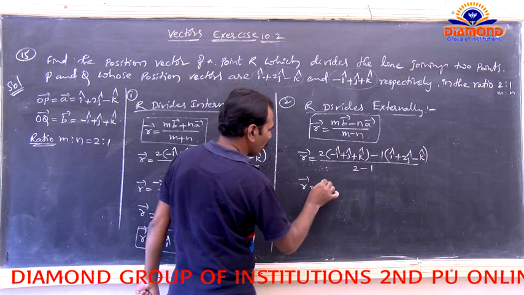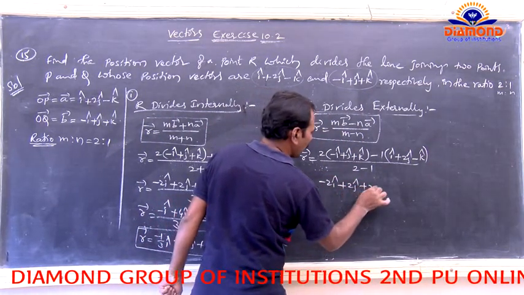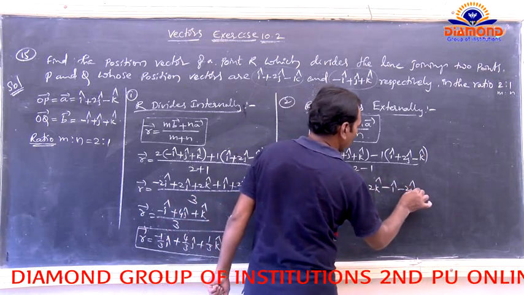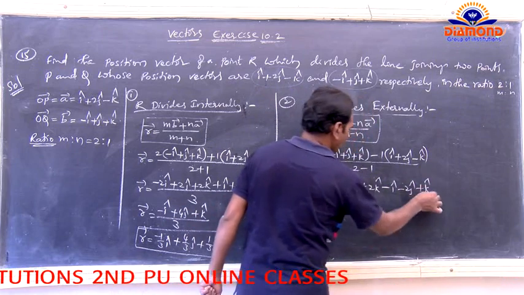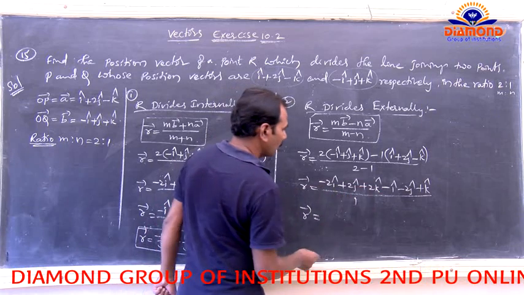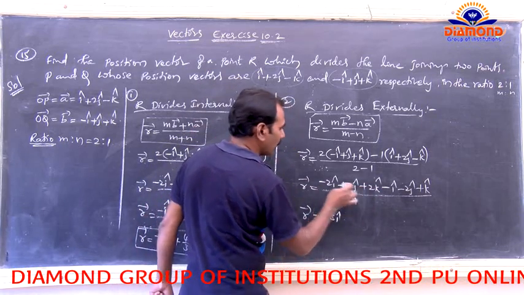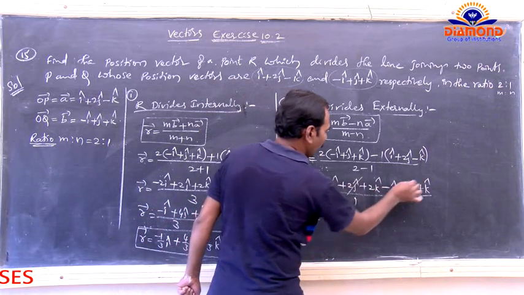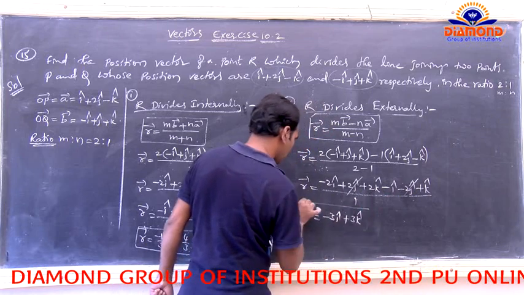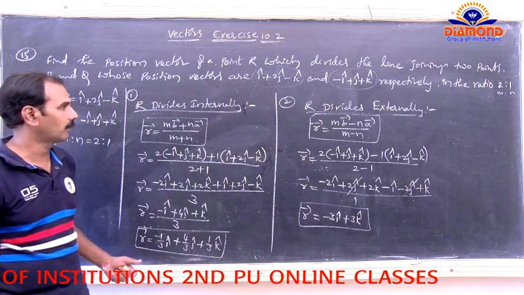So R bar equal to minus 2 I cap plus 2 j cap plus 2 k cap minus I cap minus 2 j cap plus k cap divided by 1. R bar equal to minus 3 I cap, positive negative cancel, plus 3 k cap. So this is externally, this is internally.